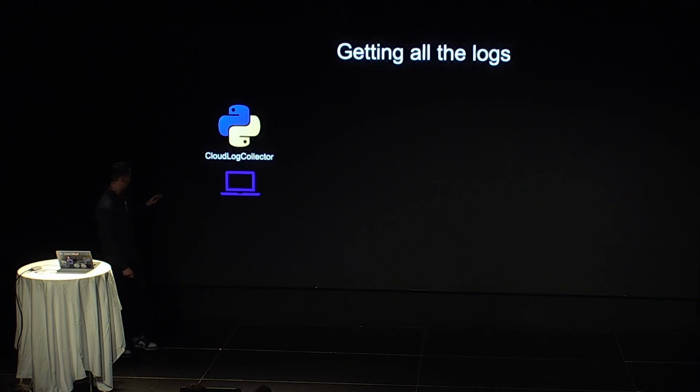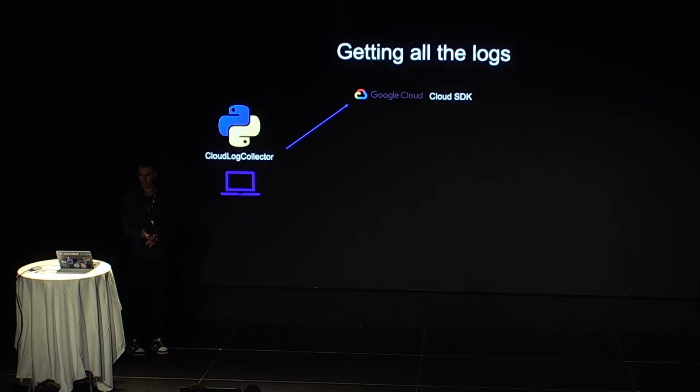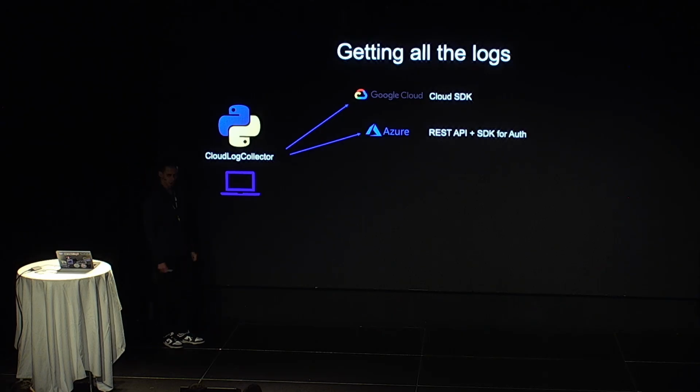So we wrote the cloud log collector, which interacts with the different cloud providers using the REST APIs. So for Google Cloud, we're using the Cloud SDK. It handles the authentication, and it allows us to really simply extract the different logs. For Azure, we're just using the SDK for authentication because that flow is a bit complex to write yourself, and it works really nice with the SDK.